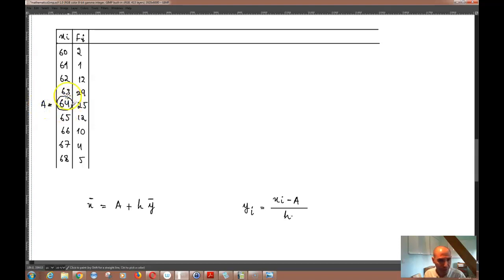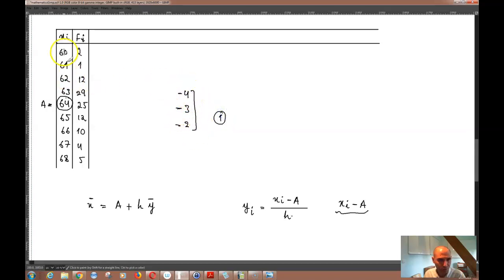Since I have no class size, because I have no classes, and there is no number by which all of these numbers x of i minus a are divisible, for example 60 minus 64 would be negative 4, 61 minus 64 would be negative 3, 62 minus 64 would be negative 2, there is no such number except for 1.